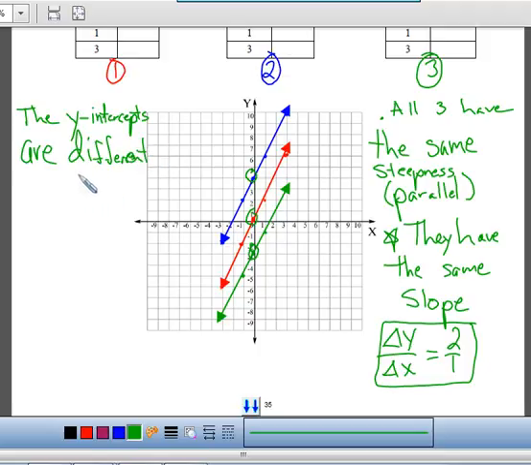And you can see for line 1, the red one, so let me do this in red. Line 1, it's here, and it's 0, 0.